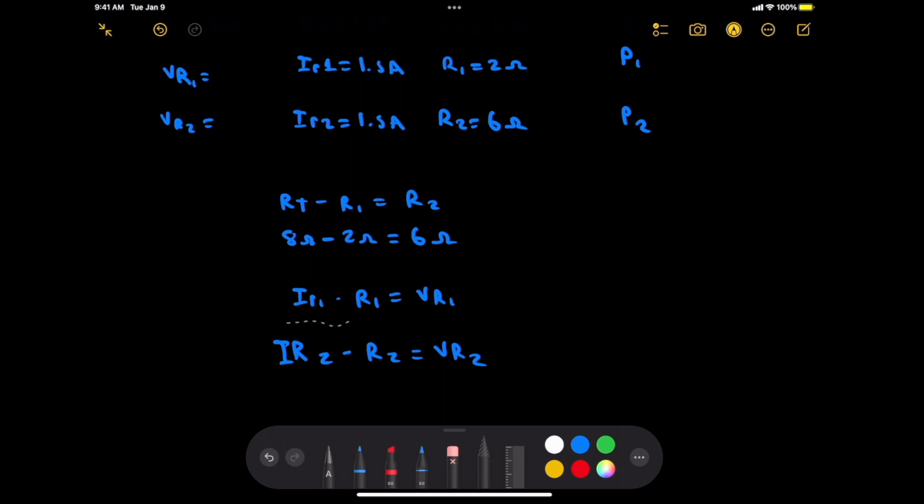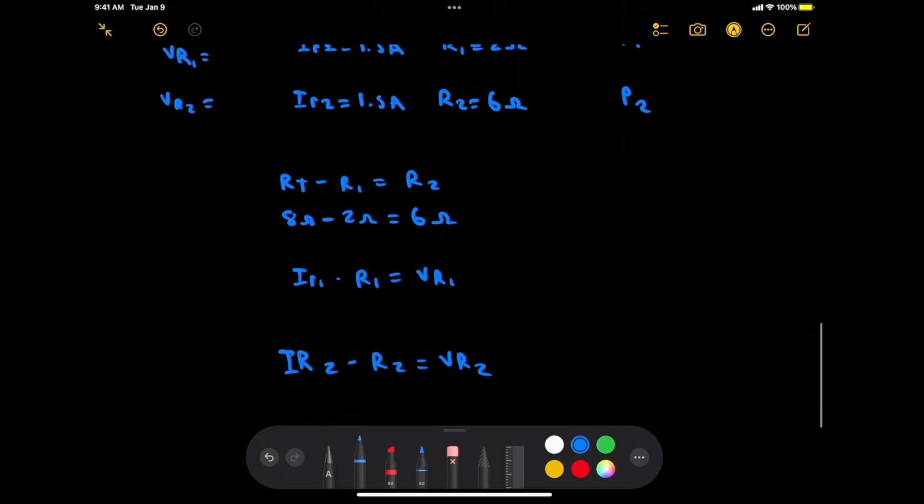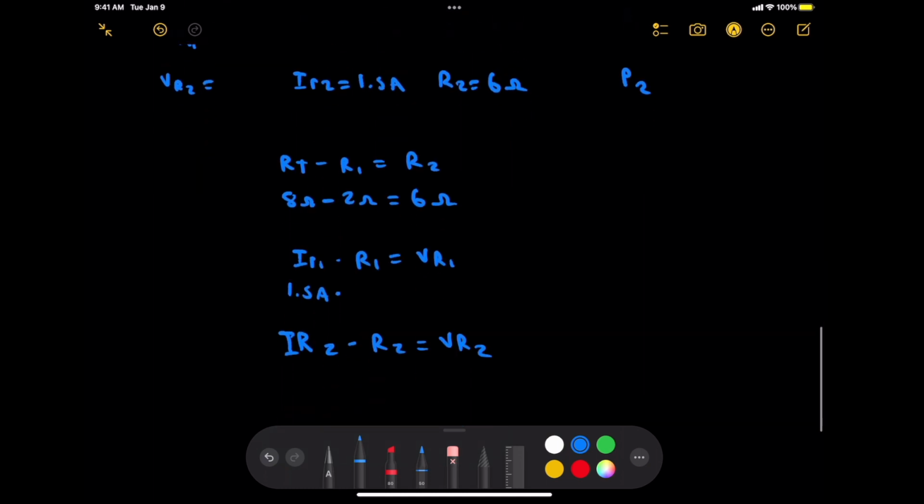All right. So let's just substitute our values in. 1.5 amps multiplied by 2 ohms is equal to 3 volts.